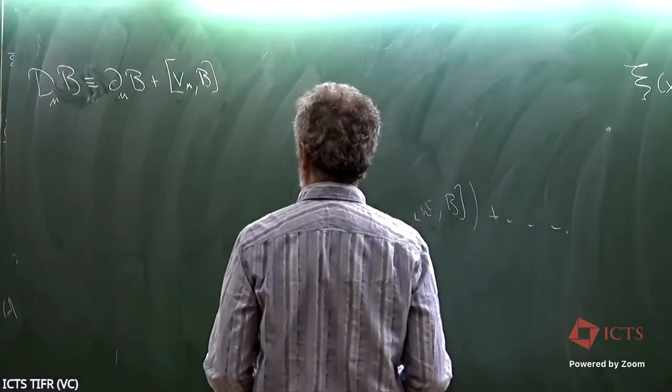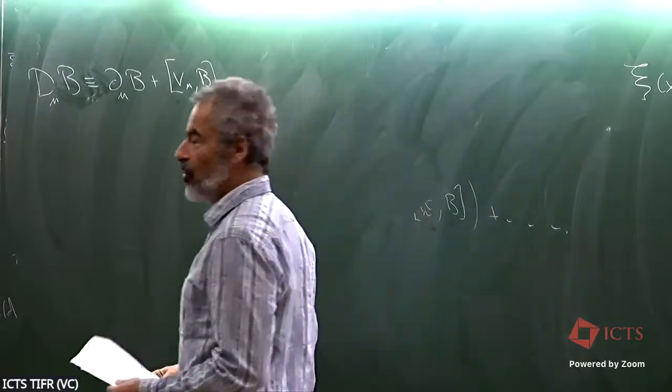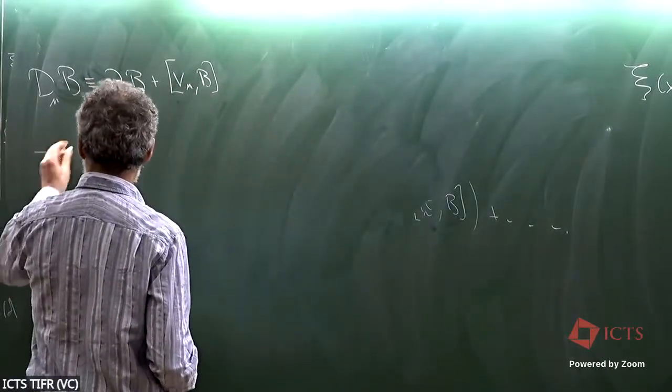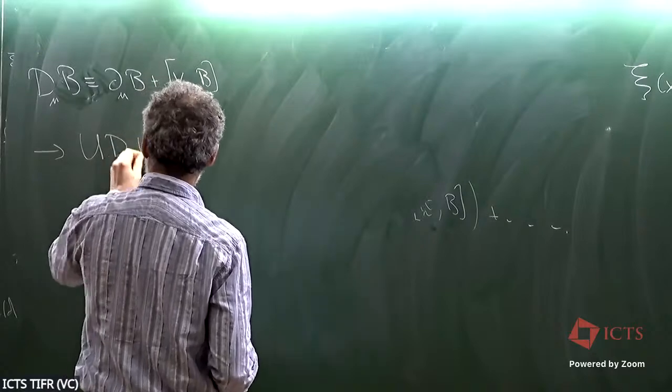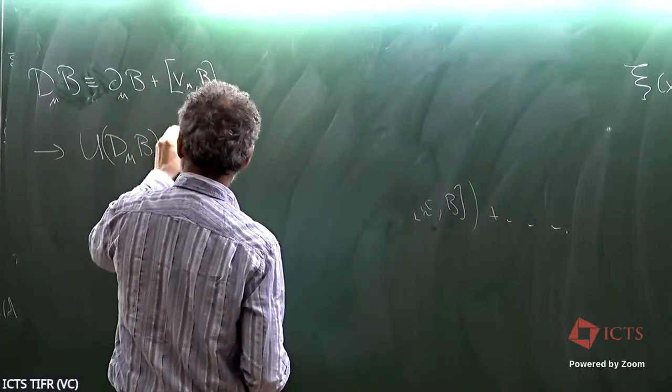This is the definition of a covariant derivative, and it transforms as U D mu B U dagger.